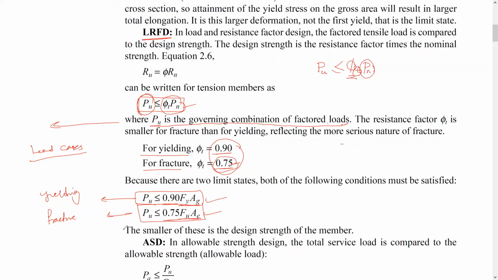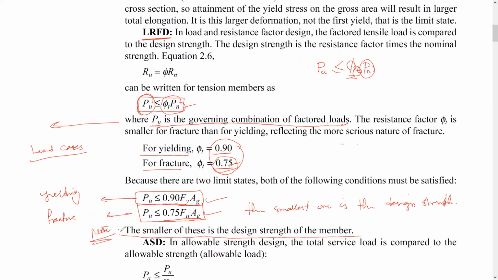The smallest one is going to be the design strength, or the tension member design strength. So here the smaller of these is the design strength of the member. So this is very important because you have to tell which one is the control.